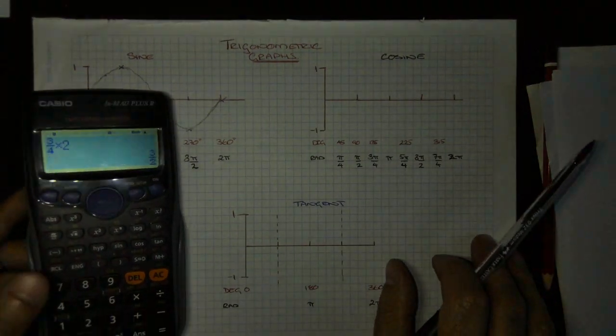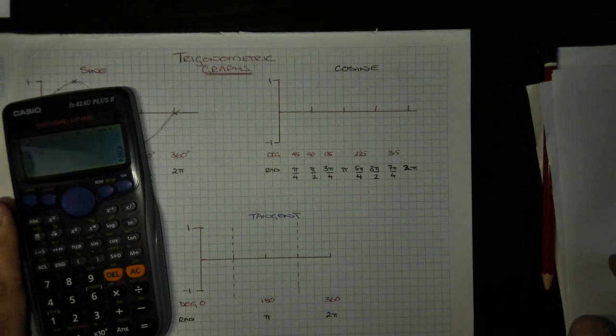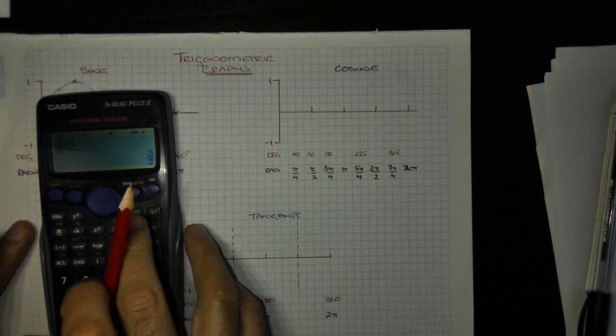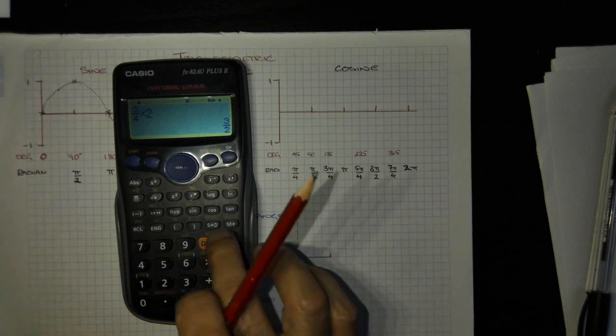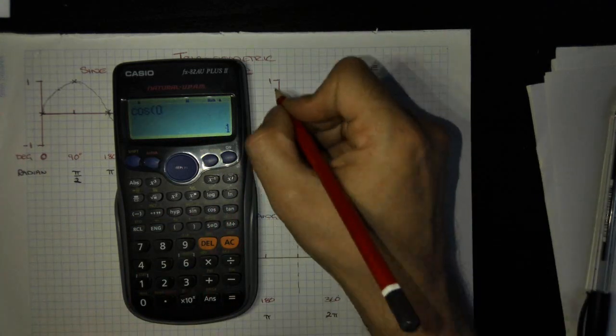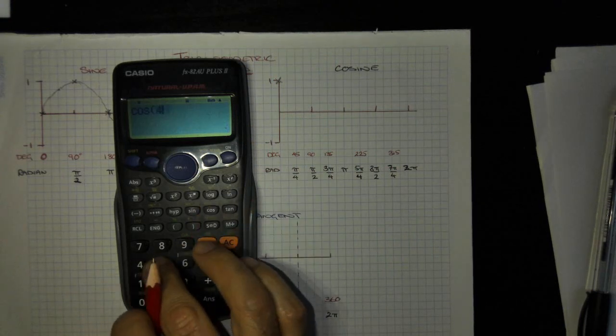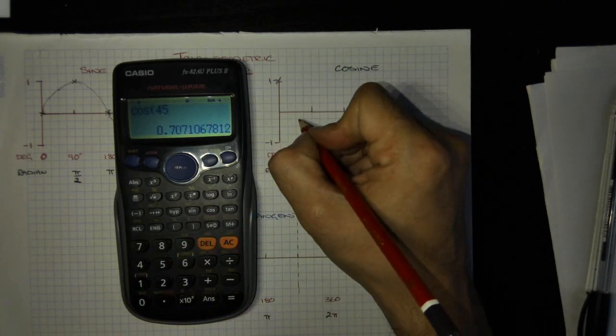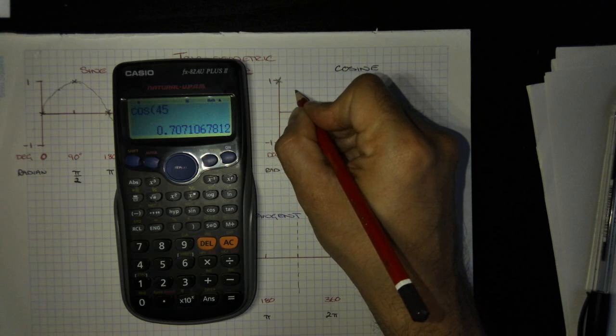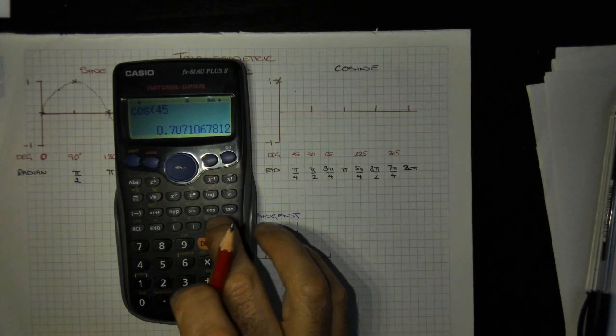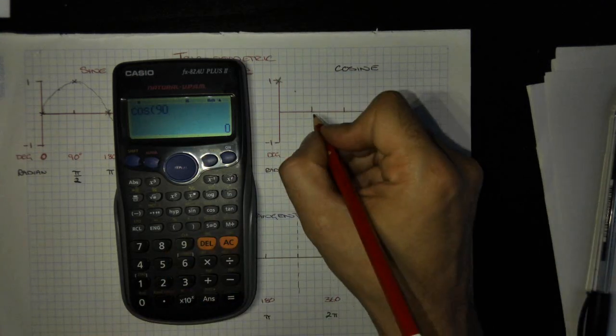If we're doing the cosine curve, I'm in degree mode. So if I press cos 0, I get 1. I press cos 45, I get 0.7, somewhere here. Cos 90, I get 0.